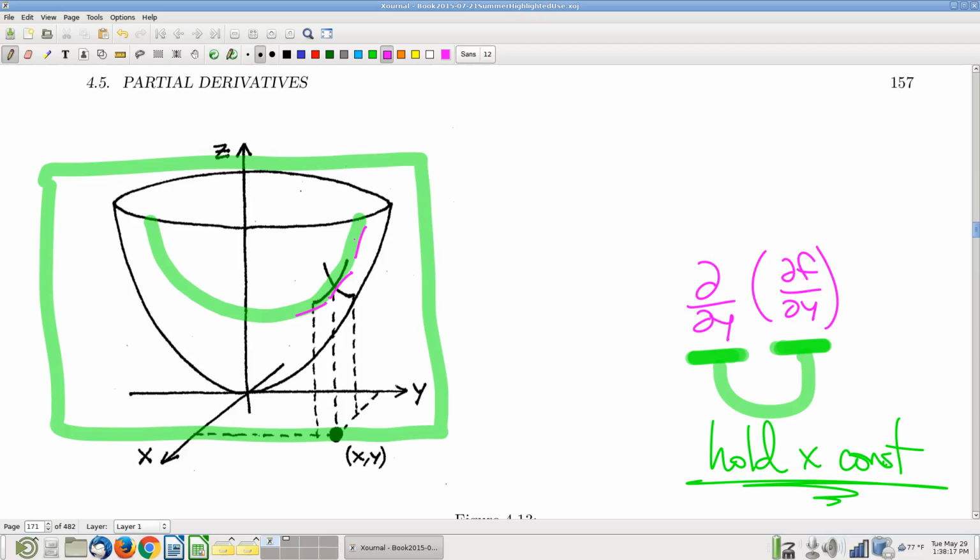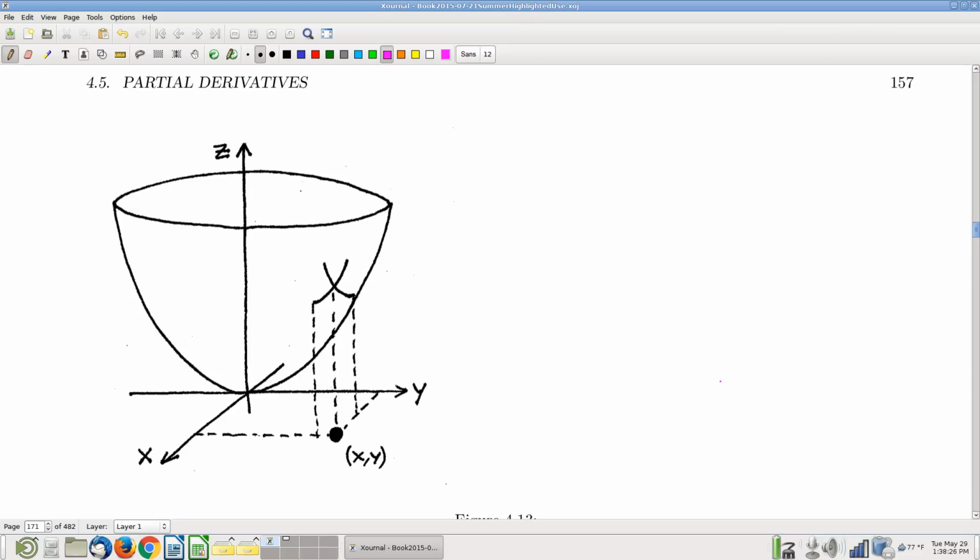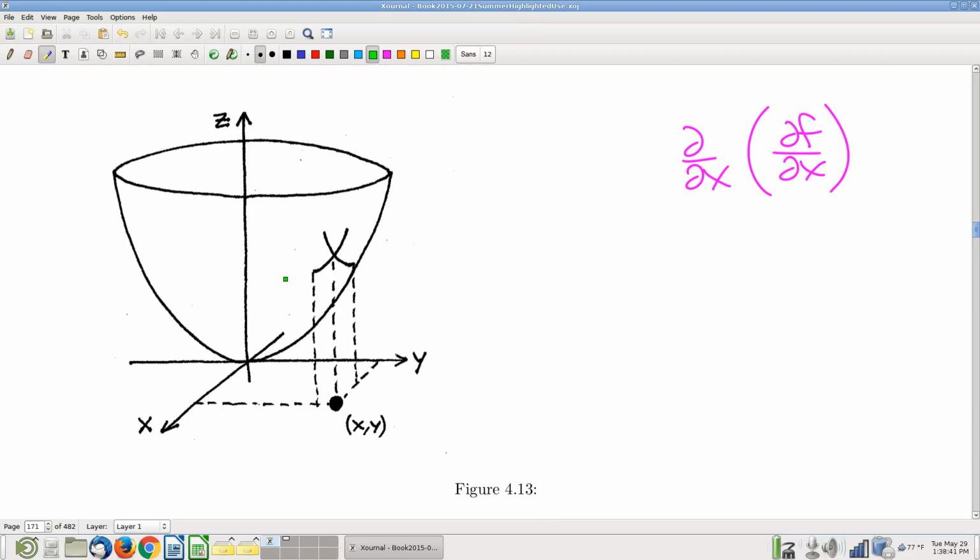Okay. And the analogous exercise I'm going to leave for y'all to think about on your own. But if you are looking at the partial with respect to x of the partial of f with respect to x, well, now you're holding y constant. That means you're looking in, oh gosh, let's see if I can draw this.